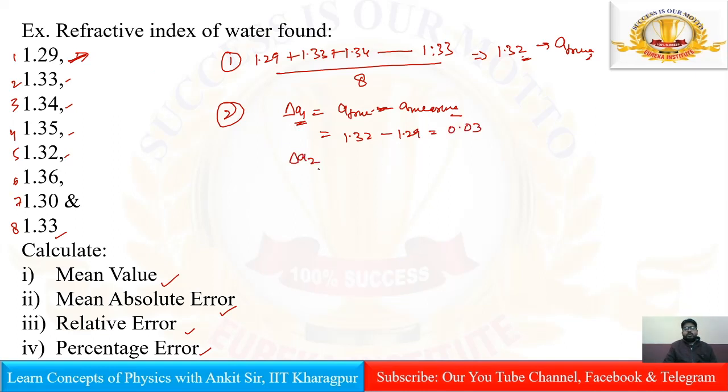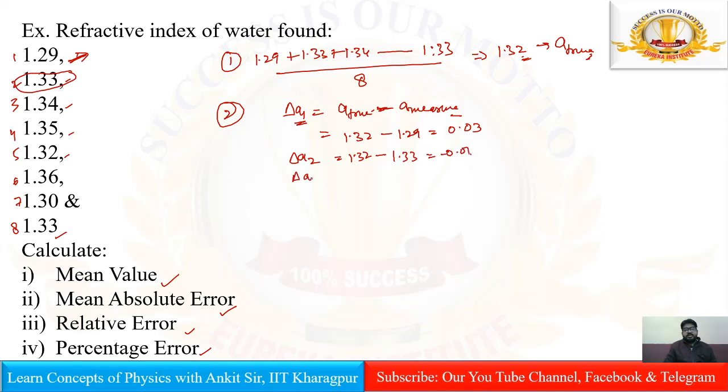Now for delta A2, again it is 1.32 minus the second value, 1.33, and this becomes minus 0.01.